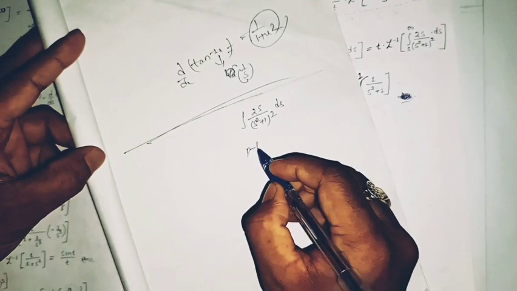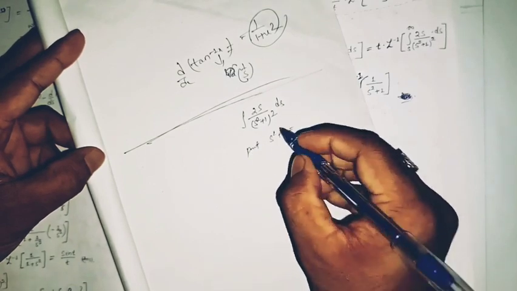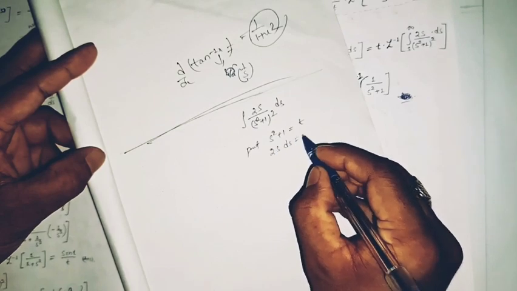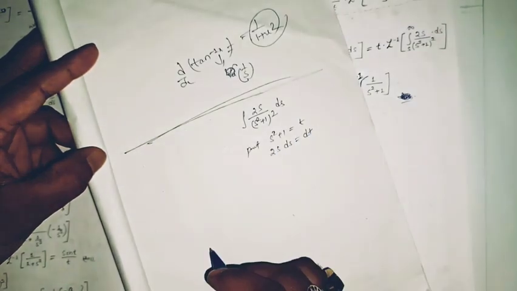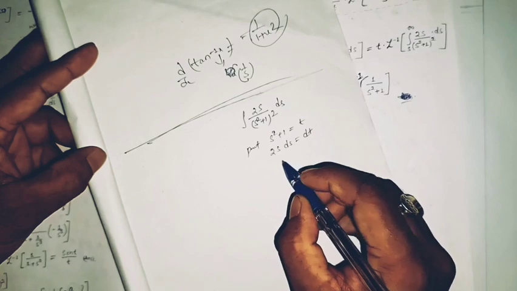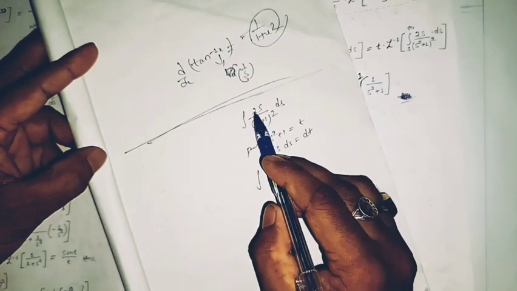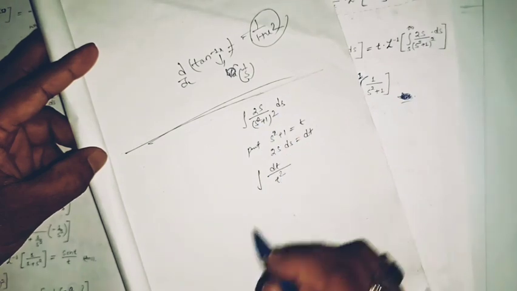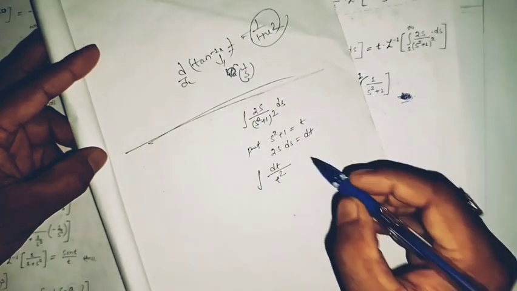Okay, put s square plus 1 equal to, suppose, t. So 2s ds equal to dt, right? So here 2s ds by t square will be dt by t square, right?